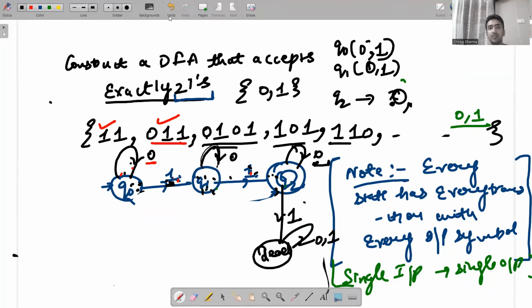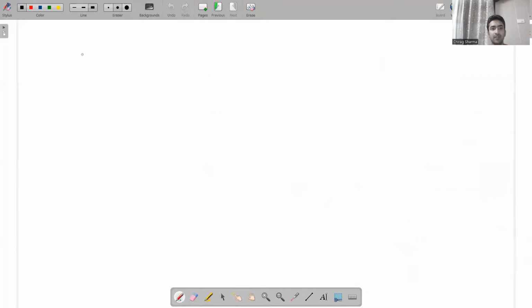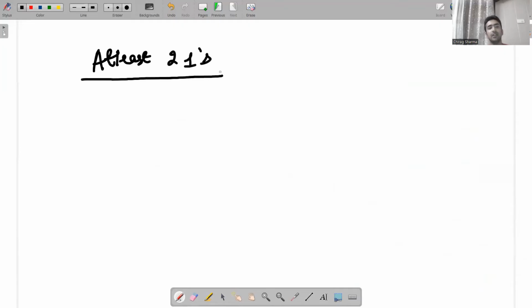So similarly, you can construct various DFAs with a problem of at least two ones. At least two ones means you have taken two ones, and two ones are from this particular scenario. Two ones at least means minimum two ones, and maximum there can be any number of ones. So how will you construct the string with minimum two ones?